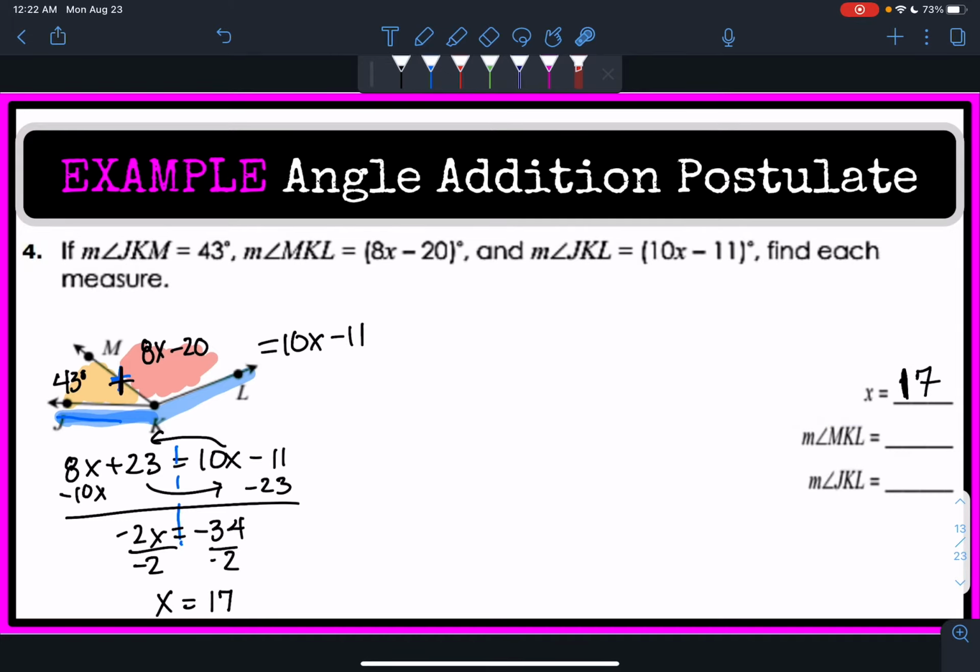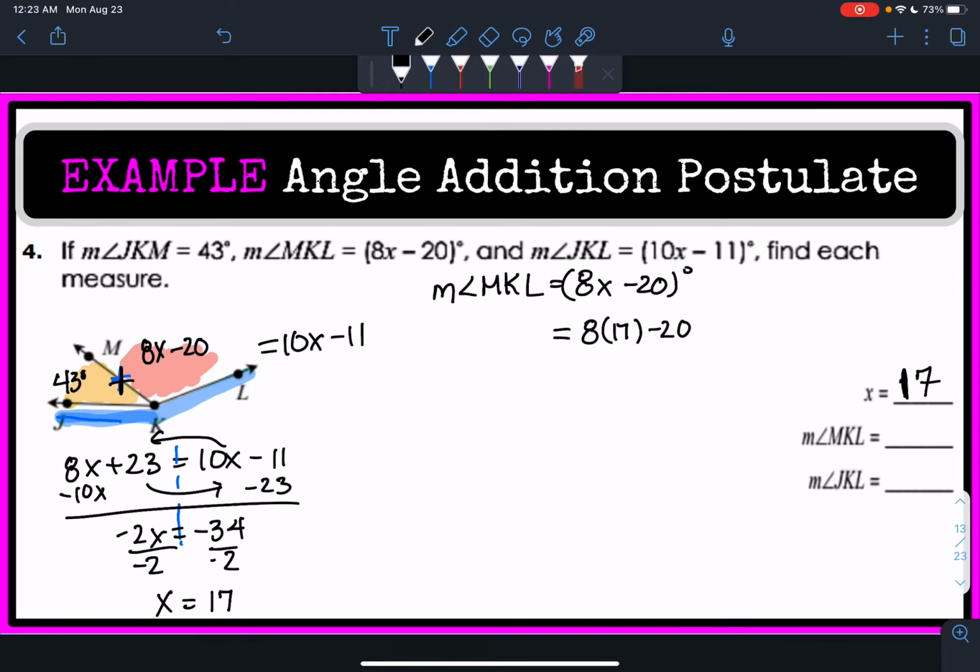Well, MKL is here, and according to the information that's provided to us, that's 8 times x minus 20 degrees. Too many parentheses, so we get confused.